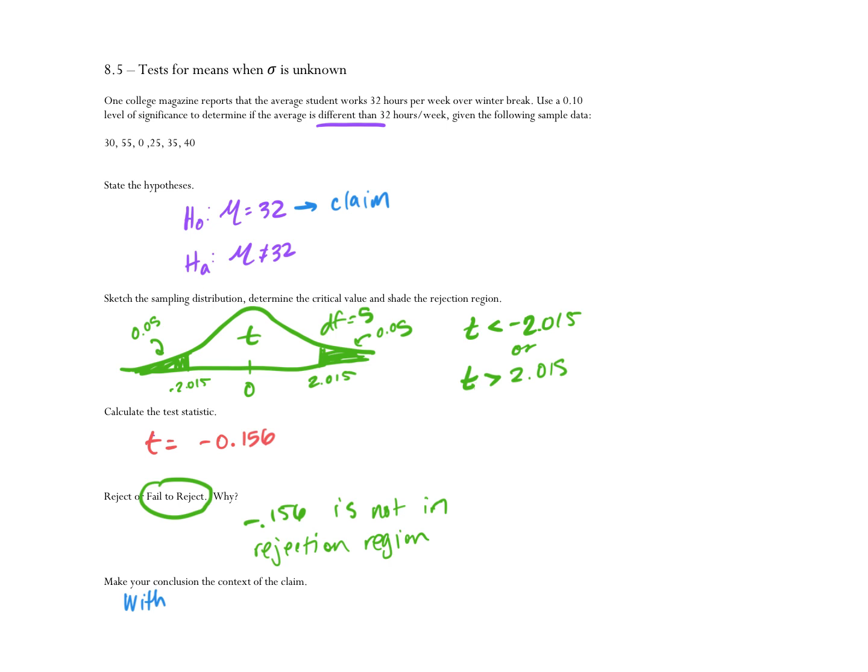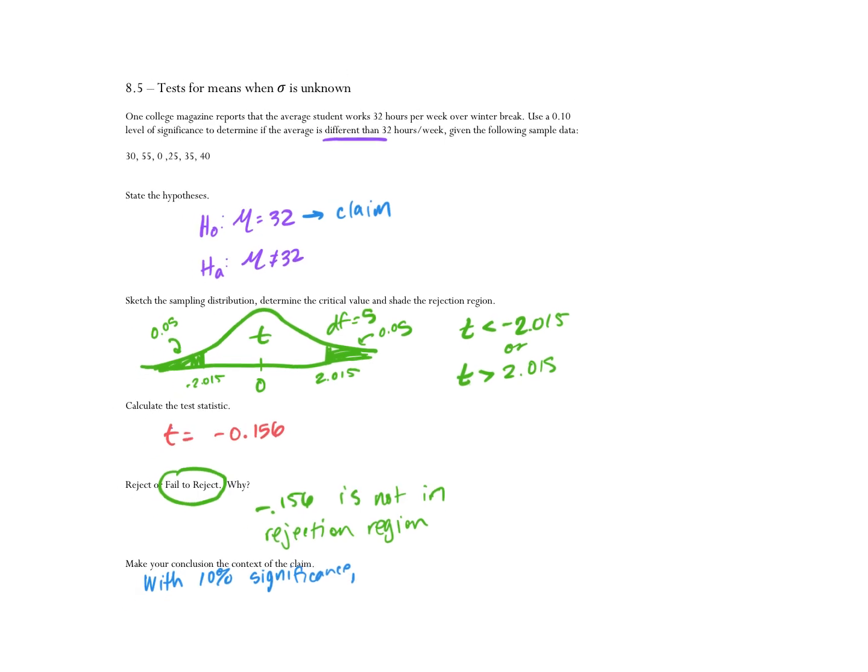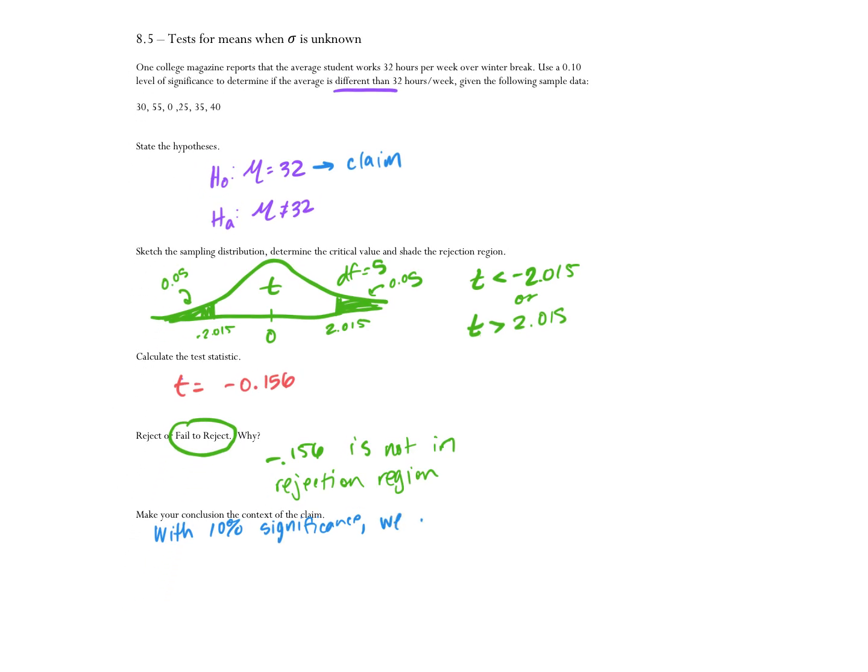So in this case, we would say with 10% significance, we can say it's reasonable. The population mean hours worked is 32.